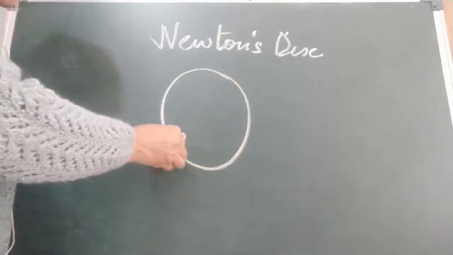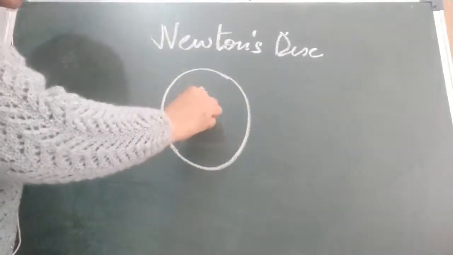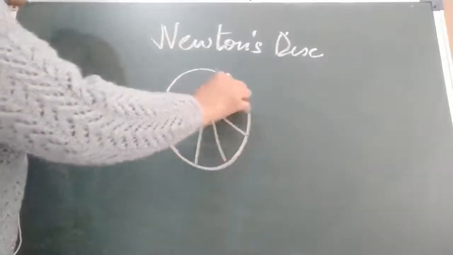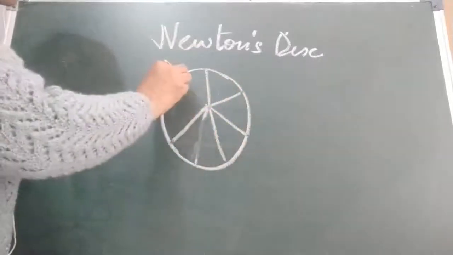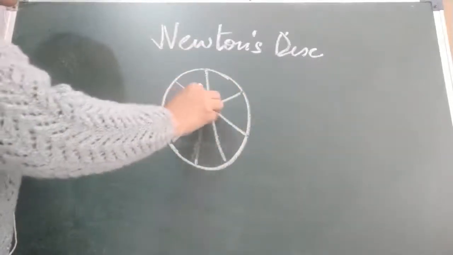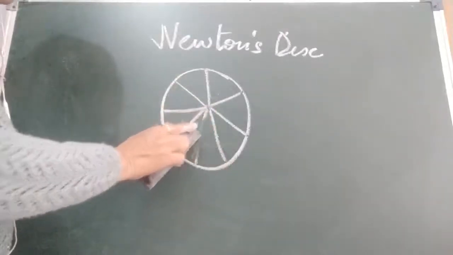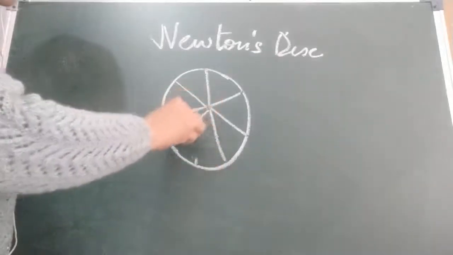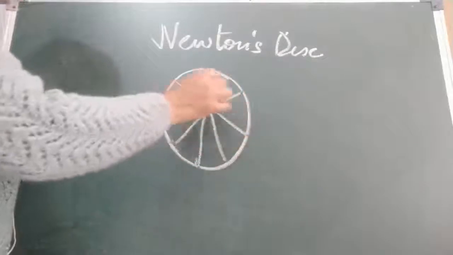You make this disk with 7 colors, and divide it into 7 parts.